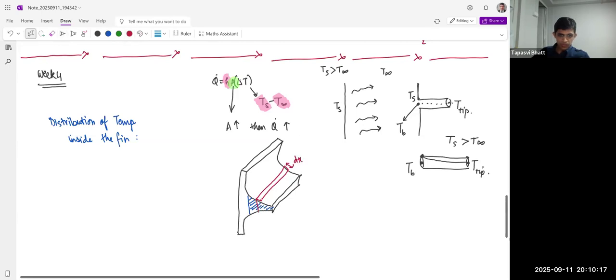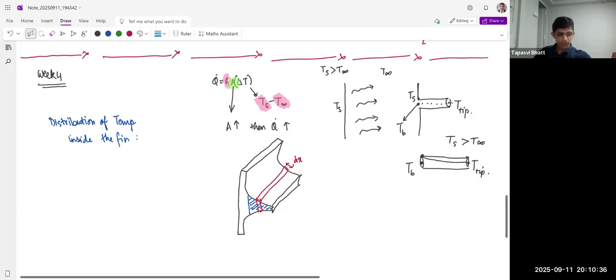It's like dx is the thickness of this layer, and then they calculate how much heat transfer is taking place through this dx element and how much convection is taking place. Based on that, we are not discussing that. We could, but we don't have time.